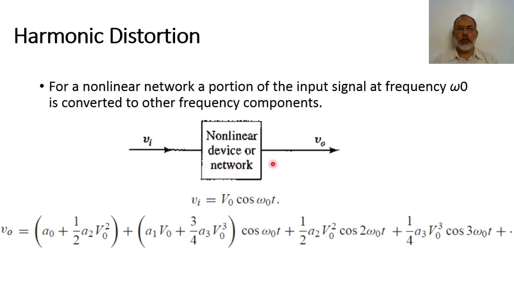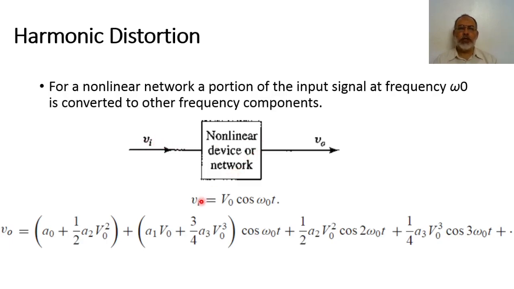Assume that we are talking about a general nonlinear device or network, which can be represented as a Taylor series of the input voltage. So the output voltage is a Taylor series of the input voltage, such that the output voltage would be A0 plus A1 multiplied by V input, plus A2 multiplied by V input squared, plus A3 multiplied by V input cubed, and so on.